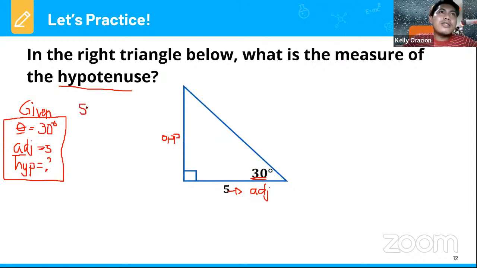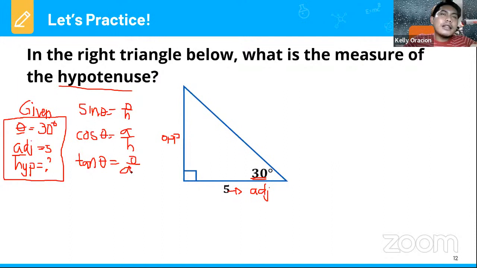Sine theta is opposite over hypotenuse. Cosine theta, it's adjacent over hypotenuse. Tan theta, we have the opposite over adjacent.